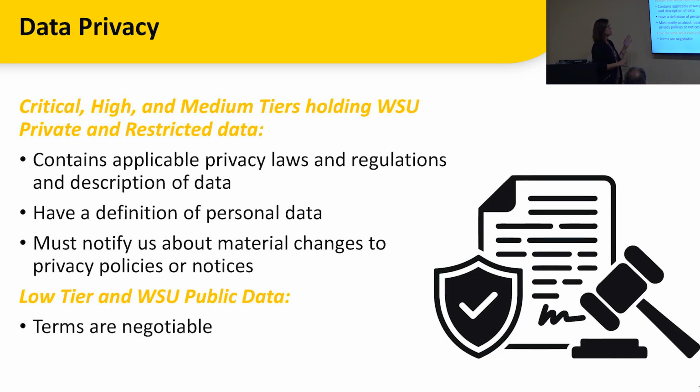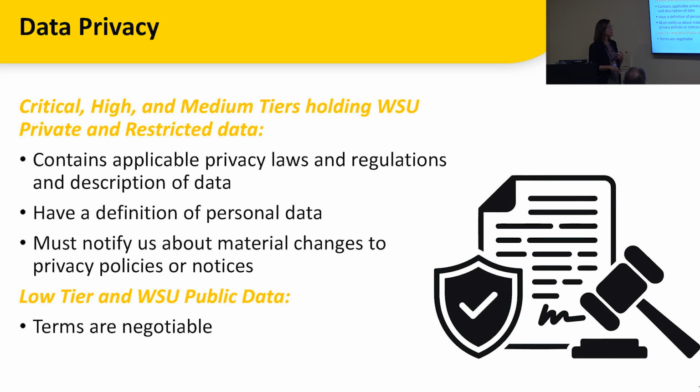So for data privacy, for our critical, high, and medium tier vendors, which typically are holding some sort of regulated data or data that has to meet some sort of compliance requirement, I want to see language that has the applicable privacy laws or regulations that apply, if there are any.